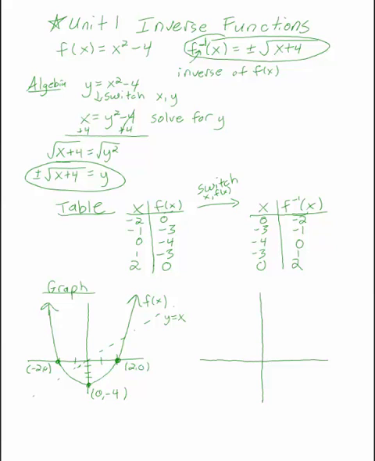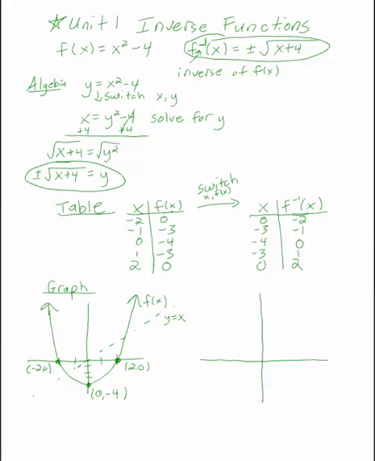Now in this case, I think that's going to be hard to do because I've got points that lie on both sides of the line. So thinking about that like a reflection might be challenging depending on just how good your geometrical skills are, just kind of estimating where points would be when you reflect them. But you could try that. Or we could think about this like the method we used with the table, and we could just take a couple of points on the graph and interchange the x and the y parts of the coordinates.